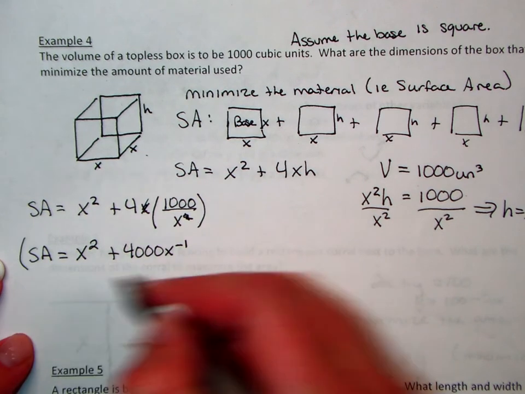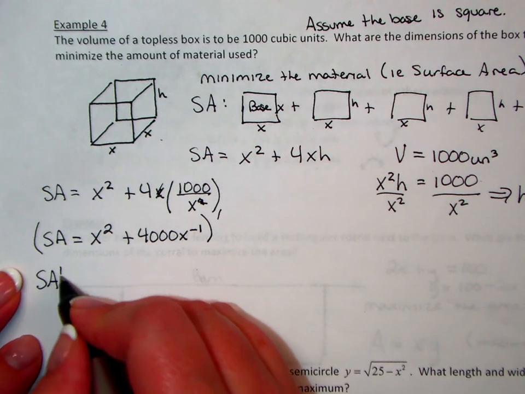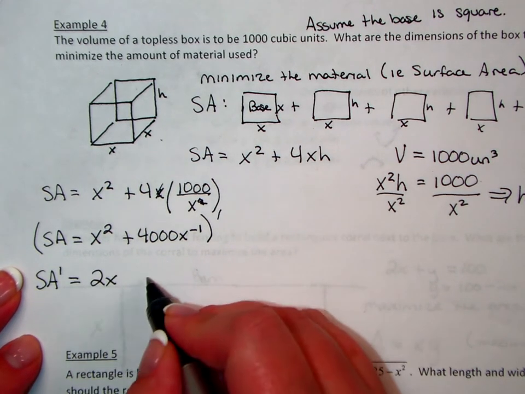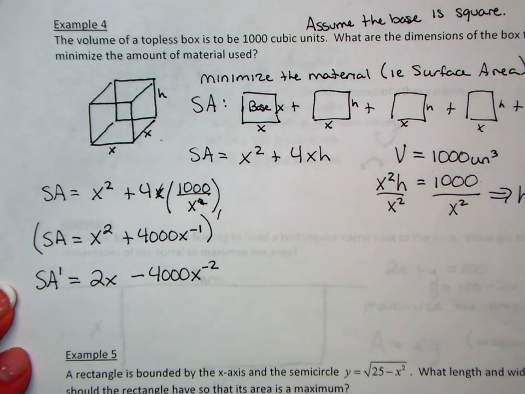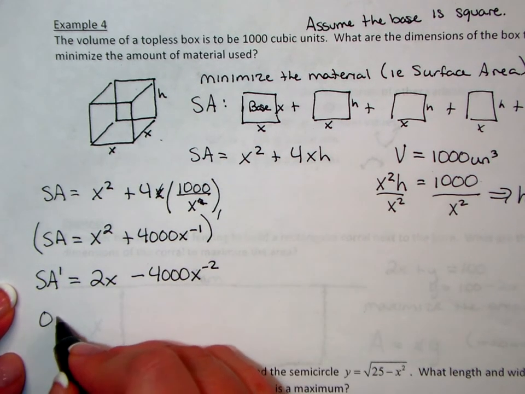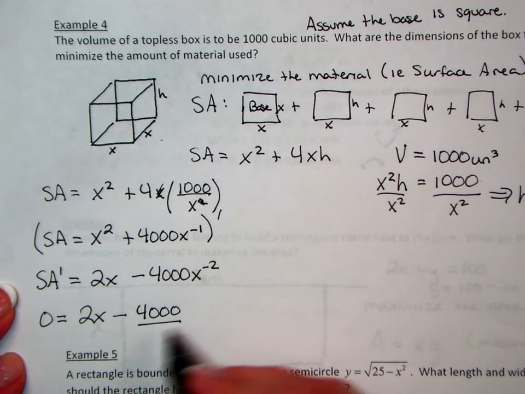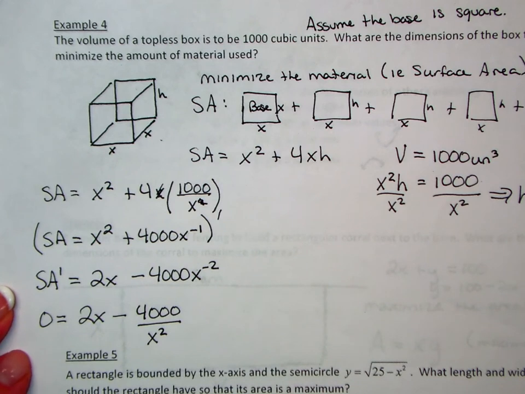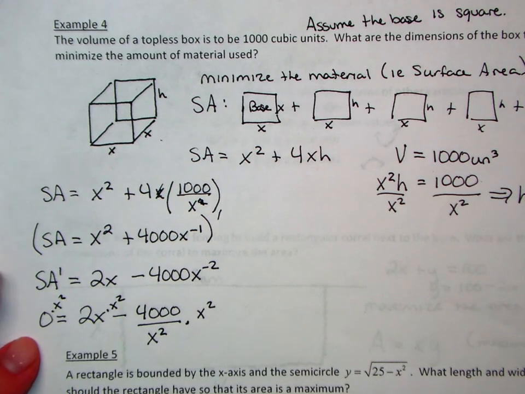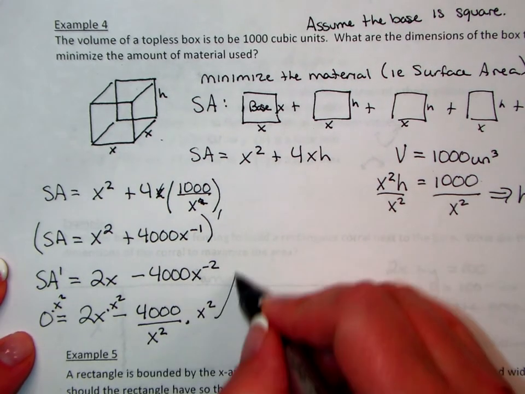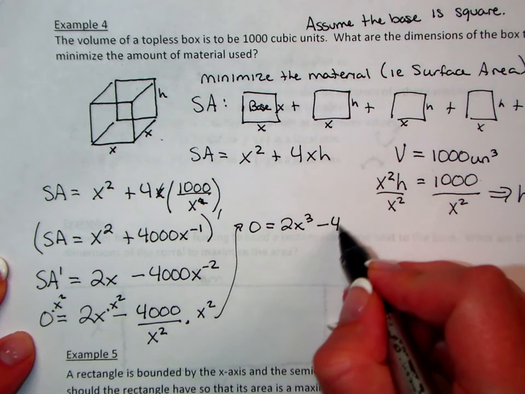To optimize this, we're going to find the derivative and set the derivative equal to 0. The derivative of surface area is 2x minus 4,000 x to the negative 2. When I set this equal to 0, I'm going to change that negative exponent to positive by moving it down, and then get rid of the fraction by multiplying everything by x squared. So I get 0 equals 2x cubed minus 4,000.